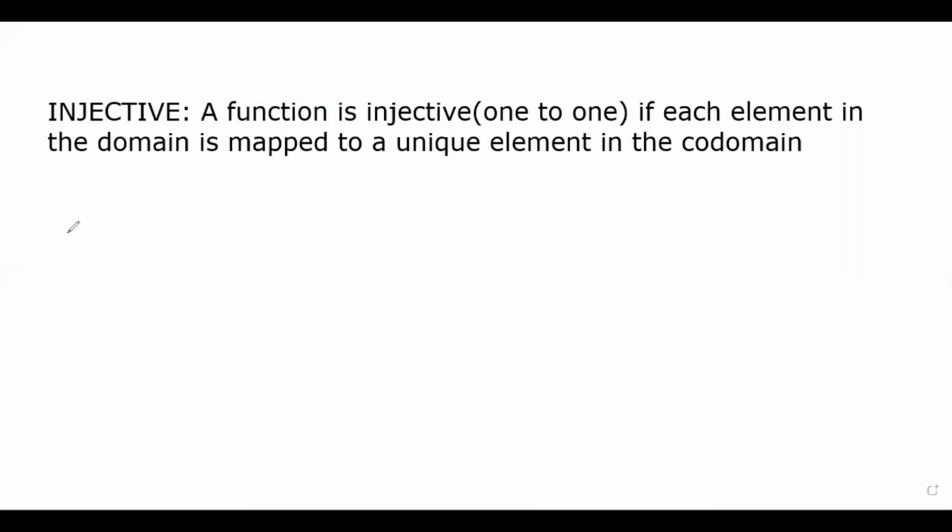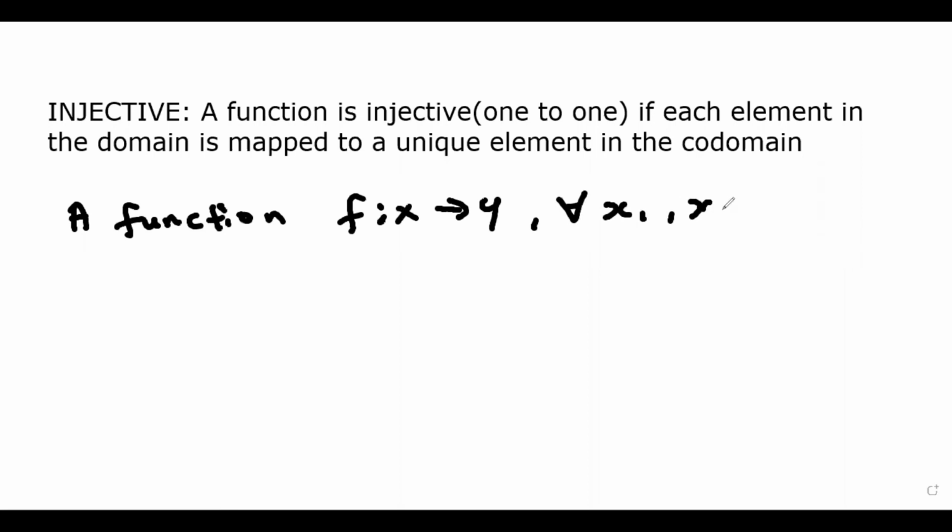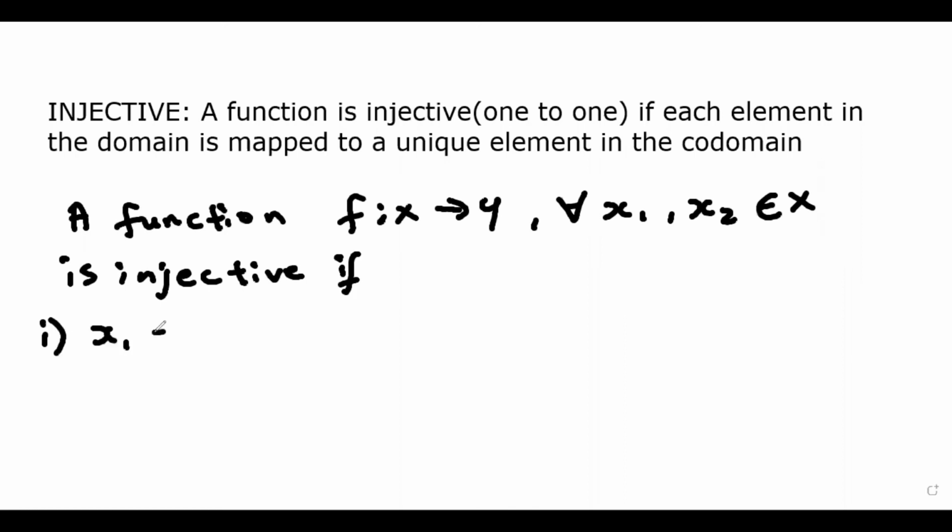So a function, for all x1, x2 in X, is injective if: part 1, x1 not equal to x2, which implies that f of x1 is not equal to f of x2.